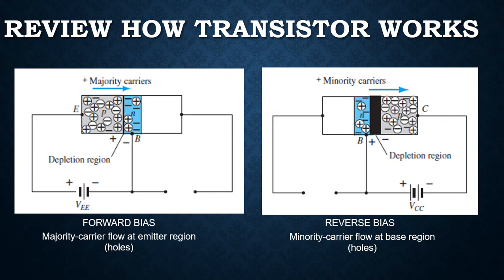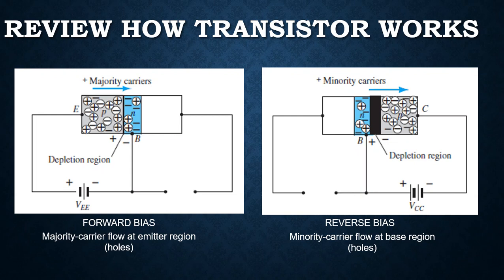Ibig sabihin, kung mapapansin natin, during forward bias, yung majority carrier, mga holes ng PNP transistor, ay nagfo-flow. But during reverse bias, the minority carrier of PNP transistor will flow toward the collector region.